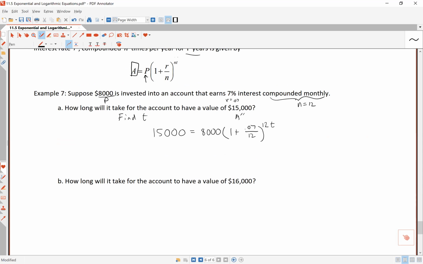That is an exponential expression. We want to isolate it, so we divide both sides by 8,000. So that's 15/8 equals 1 plus 0.07 divided by 12 raised to the 12t.